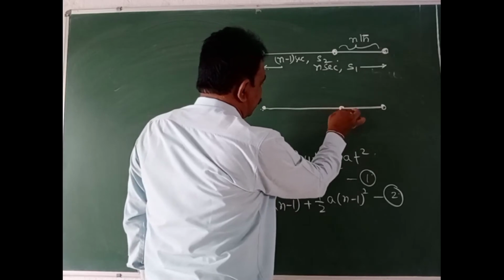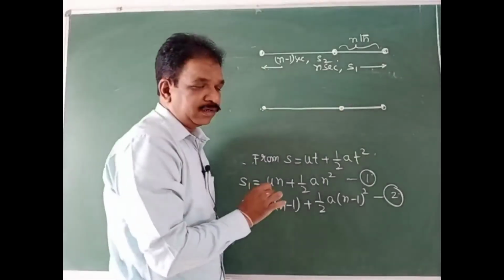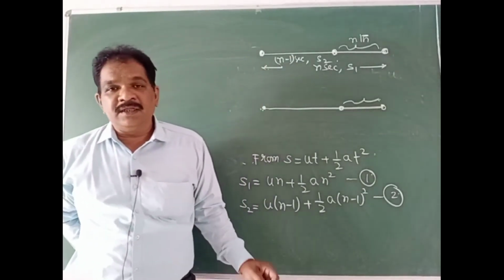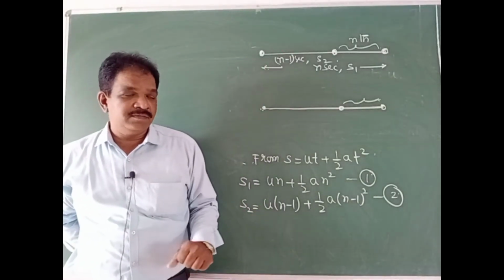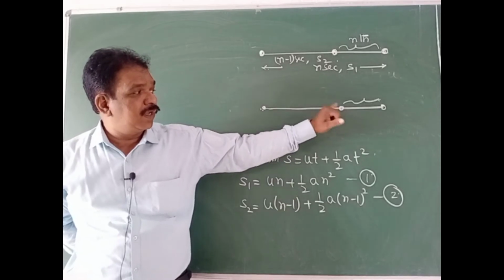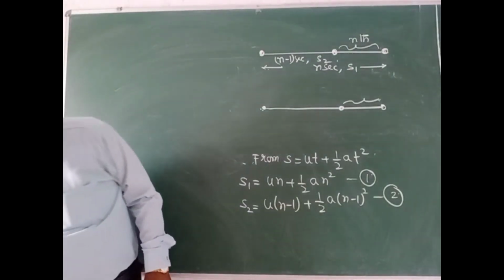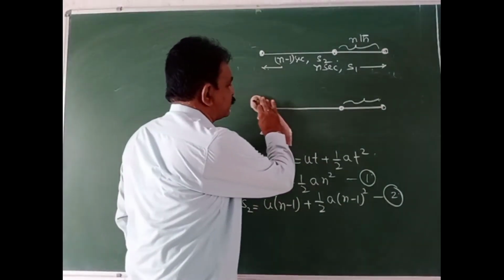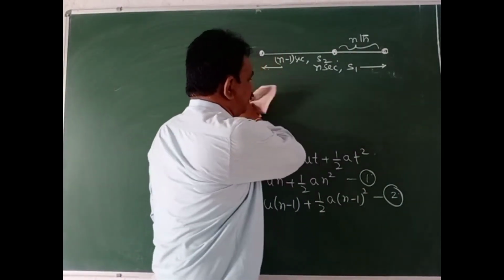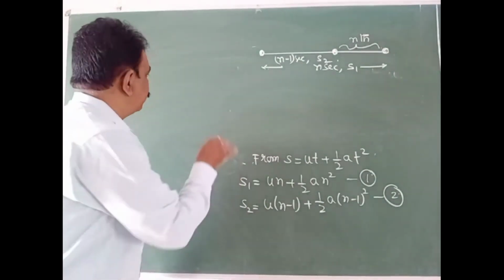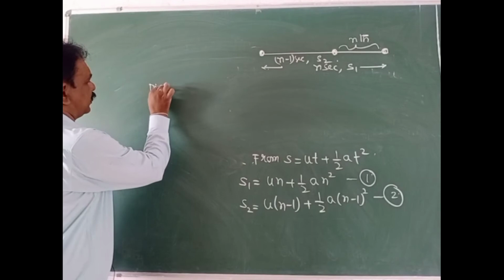In 4 seconds, it came from here to here. What is this? The displacement in the 5th second. This is what we had to calculate. That's why, if we subtract S1 and S2, we will get the displacement in the nth second.